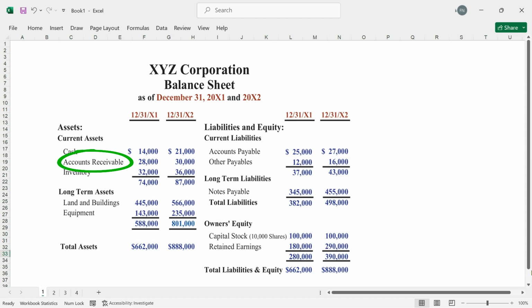So this balance of $28,000 of accounts receivable at the end of 12/31X1 are receivables that we expect to collect in the form of cash within the next 30 days or so, certainly within the next year. So accounts receivable would qualify under this definition of current versus long-term assets. Again, current assets being any asset that is either cash or will be converted to cash within 1 year or will be used up within a 1-year period.